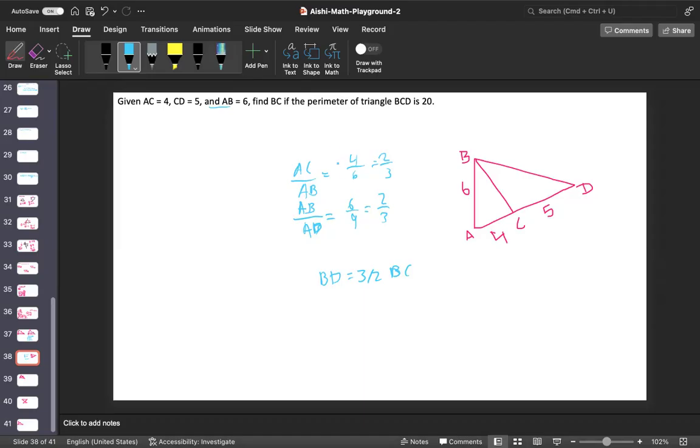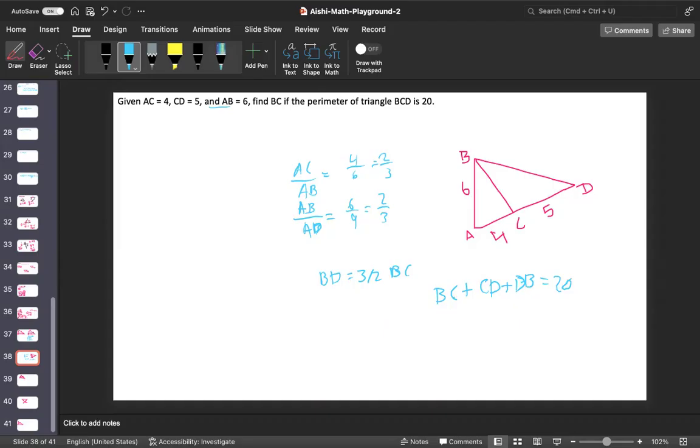So now we know that the perimeter is 20, right? So now we can substitute, since BC plus CD plus DB is equal to 20.